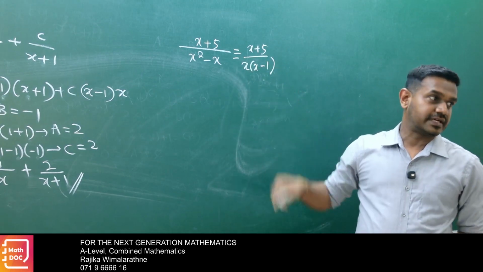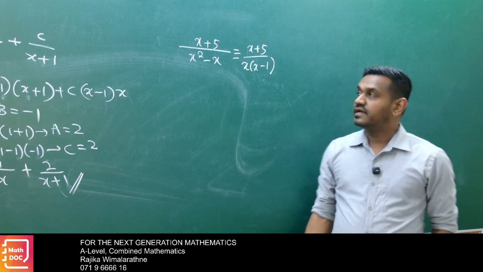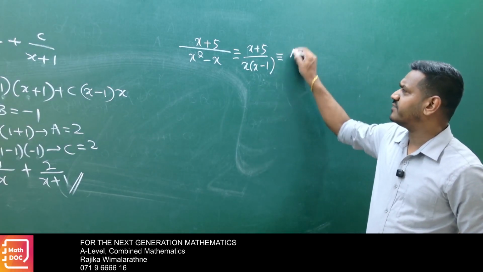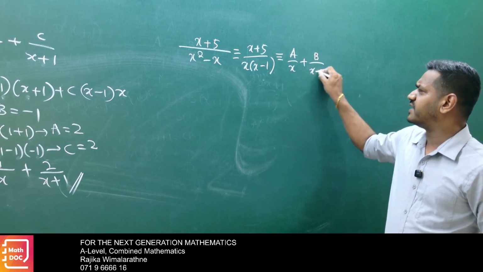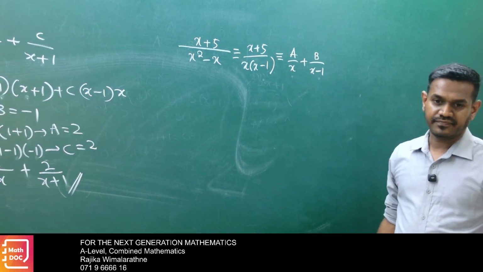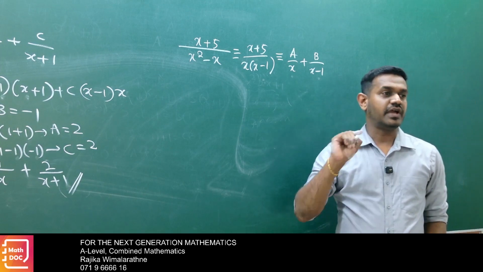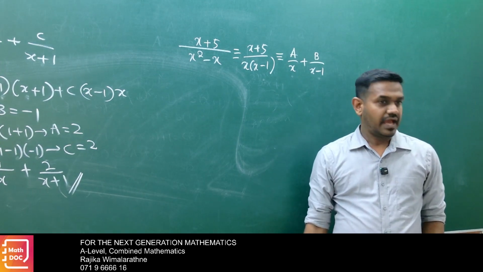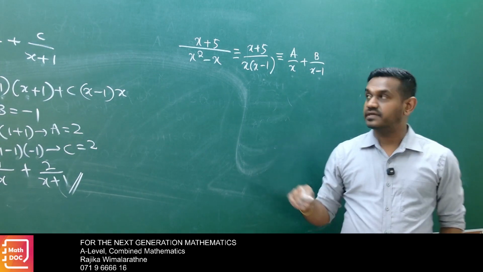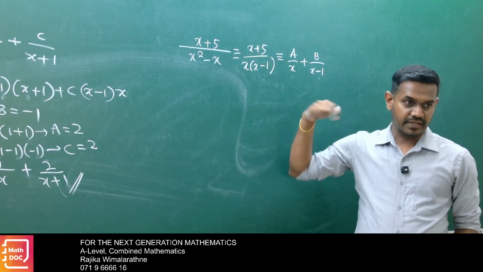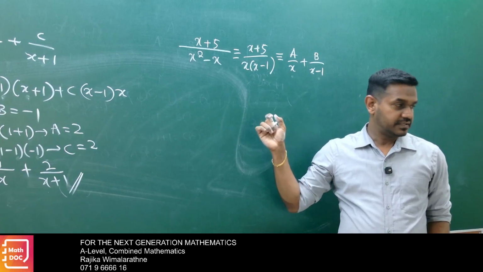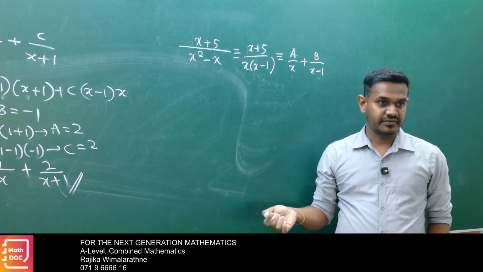Now we can see the factors, no? Now you follow the same procedure: A over x, B over x minus 1. So the first step is to factorize the denominator and check whether it is proper or improper. Here x plus 5 has degree 1 and the denominator has degree 2, so it is, sorry, proper. Then no further division.